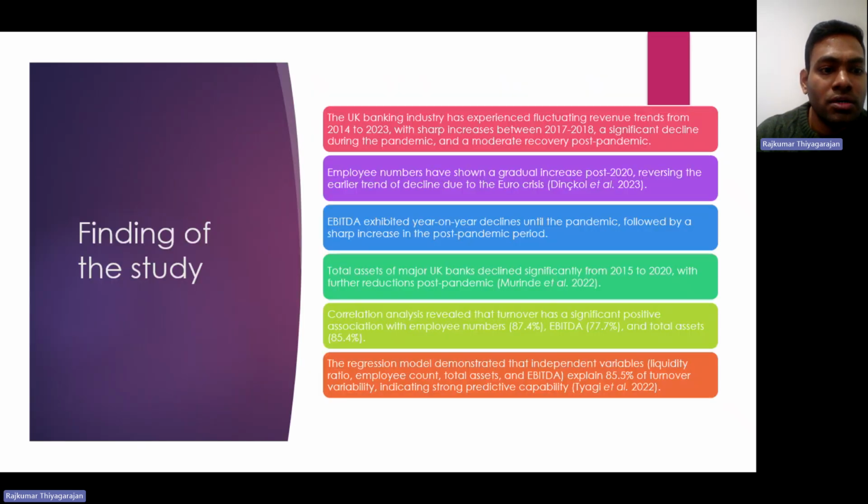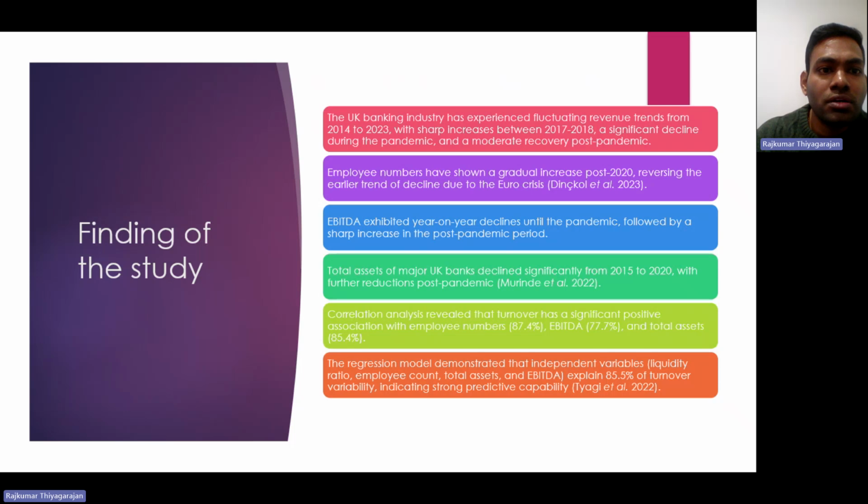The next slide is the findings of the study. The analysis of the UK banking industry from 2014 to 2023 revealed trends with a sharp increase in 2017 to 2018, a significant decline during the pandemic, and moderate recovery post-pandemic. Employee numbers rose post-2020, reversing early declines caused by the Euro crisis. EBITDA declined year on year until the pandemic, but surged thereafter.